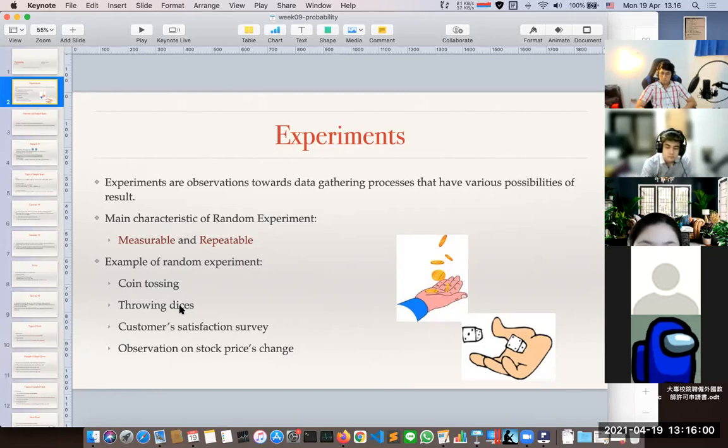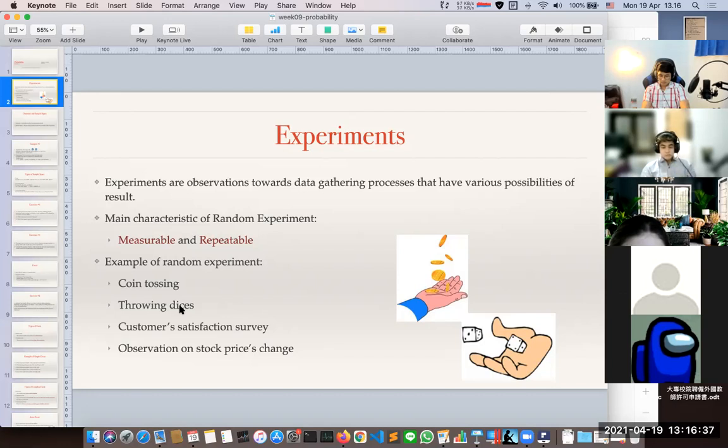After you go through everything, and the customer service officer explains the steps and procedures, then at the end, some of them will ask you to give a rating, whether the service they provided was clear enough. So this kind of activity can also be observed, and can be considered a random experiment.